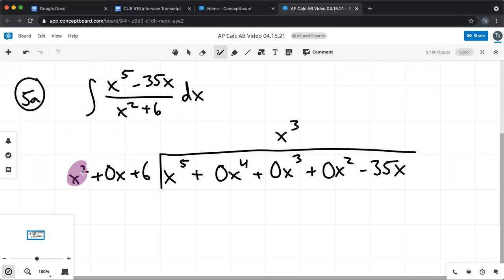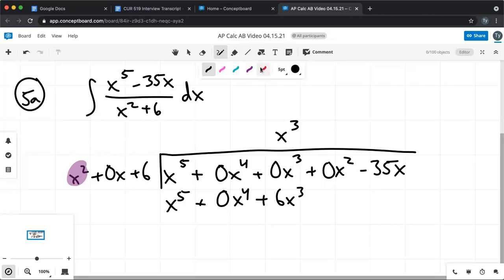So x cubed times x squared gives us x to the 5th. Plus x cubed times 0x gives us 0x to the 4th. Plus x cubed times 6 gives us 6x cubed. But if you remember from regular long division, we don't add these terms, we subtract all of them.